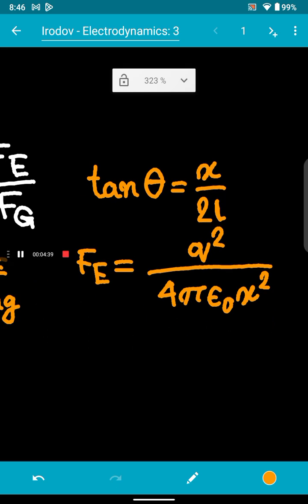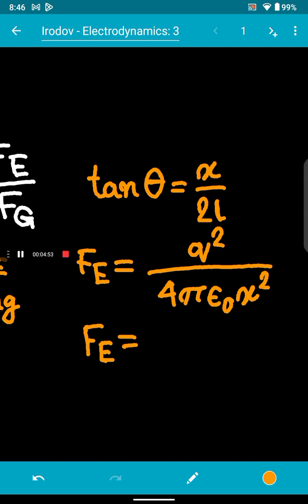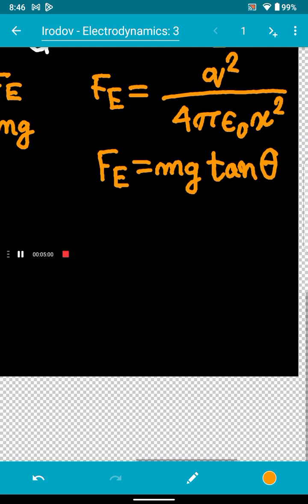This is your Fe, and the gravity stays mg, so there is no complaint about that. So now Fe by mg is equal to tan theta, or in other words, Fe is equal to mg tan theta, where tan theta is equal to x by 2L.